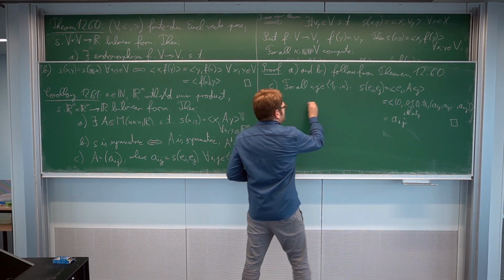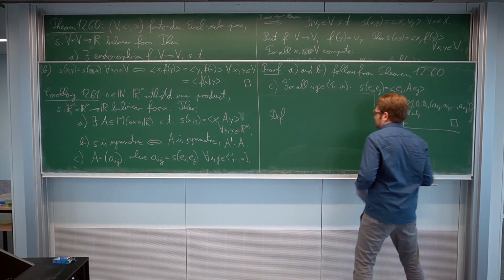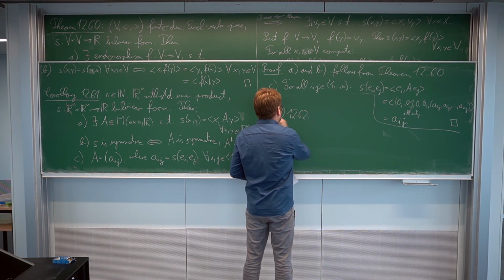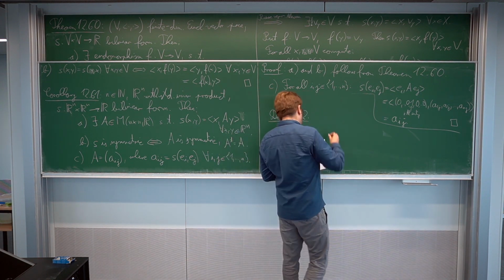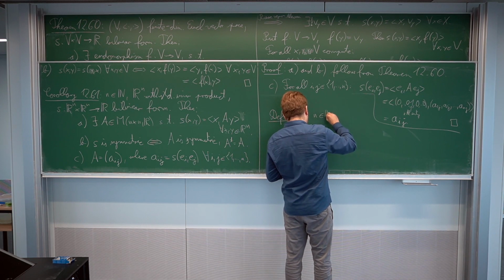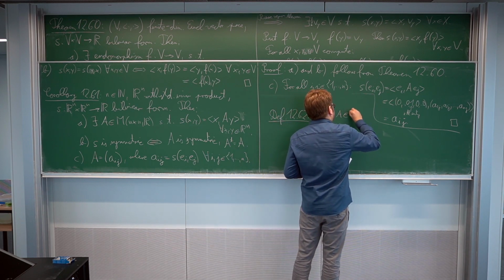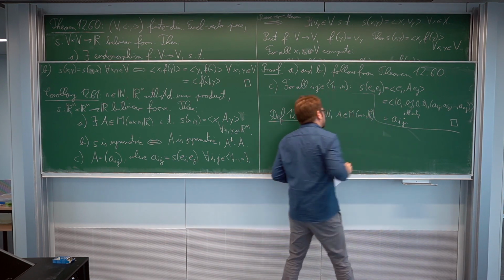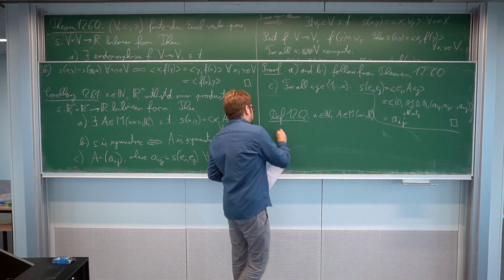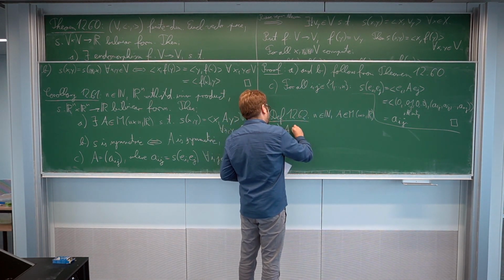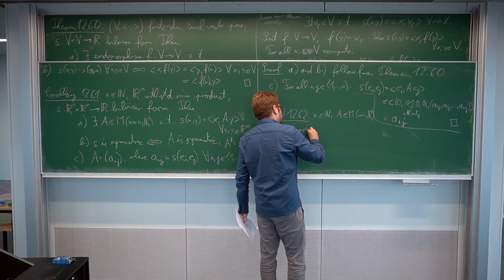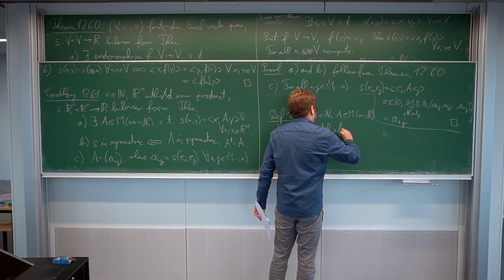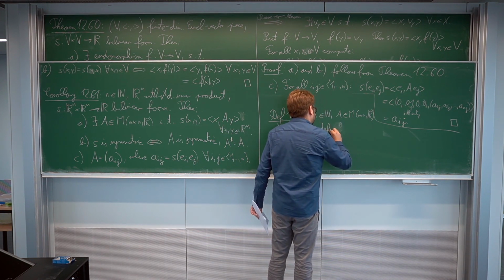Maybe I still don't need that much space for this. So first of all, we just translate the definition from before, namely, let n be in N and A in an n by n matrix with entries in R. So we say the matrix A is positive definite.